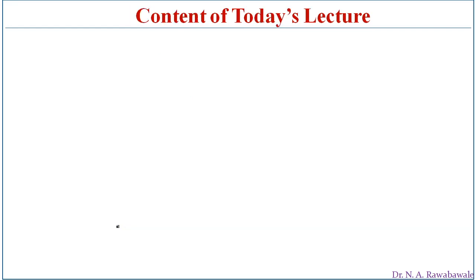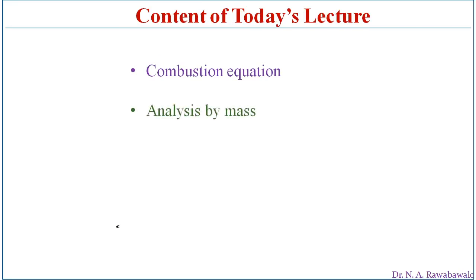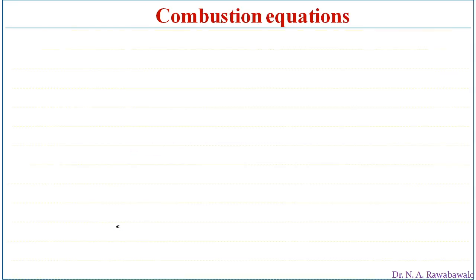Today we will discuss combustion equations, analysis of combustion equation by mass, and analysis of combustion equation by volume. So today we will see the combustion process and how these combustion equations are formed.